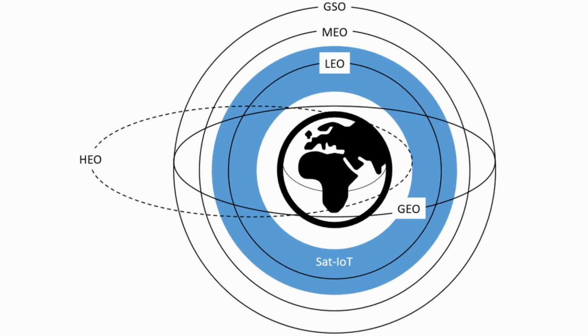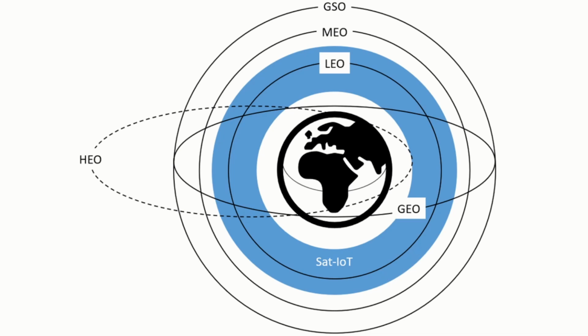First, we have the geostationary orbit. Picture a satellite hovering over a fixed spot on the Earth's surface, seemingly suspended in the sky. Satellites in geostationary orbit are positioned high above the equator at an altitude of approximately 35,000 kilometers. These satellites match the Earth's rotation speed, enabling them to remain stationary relative to a particular location on the ground.